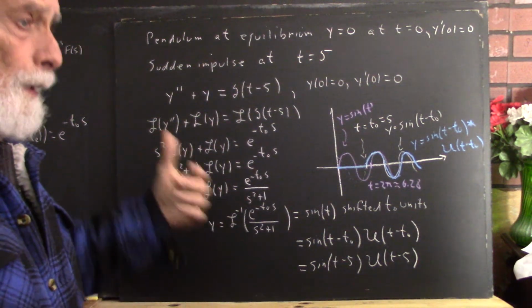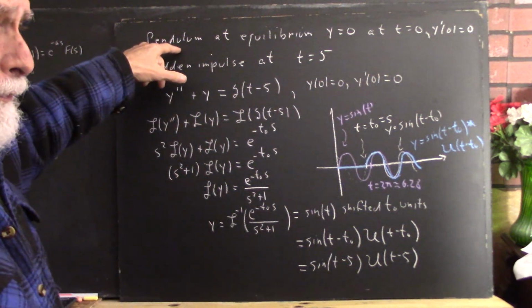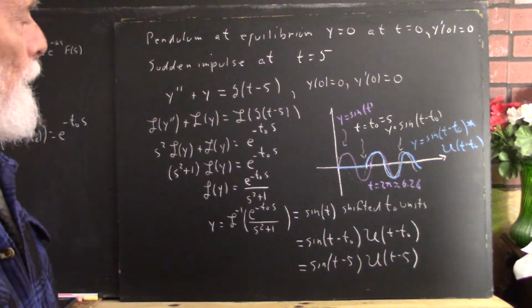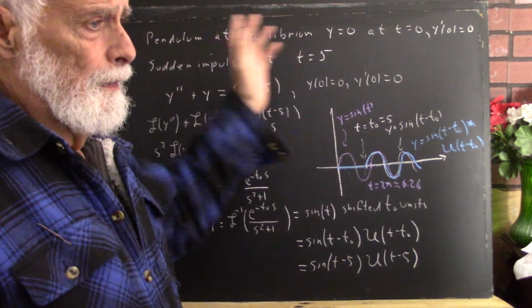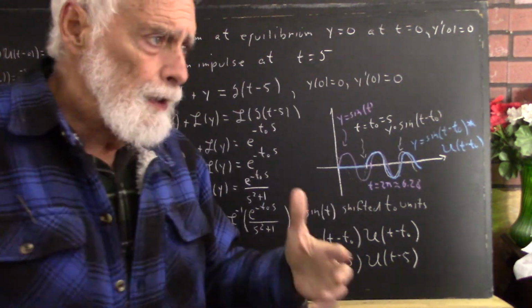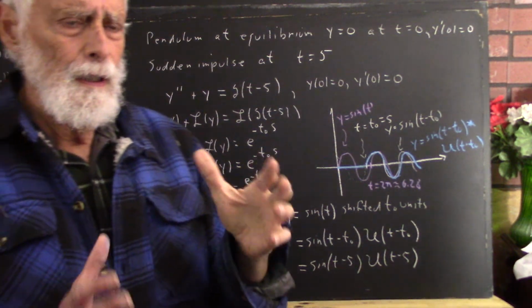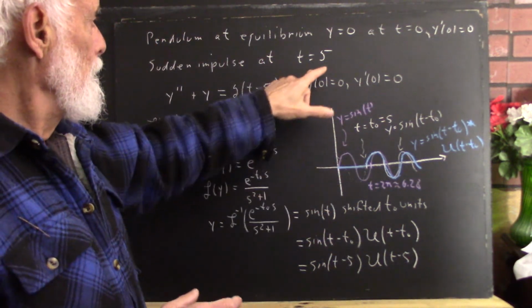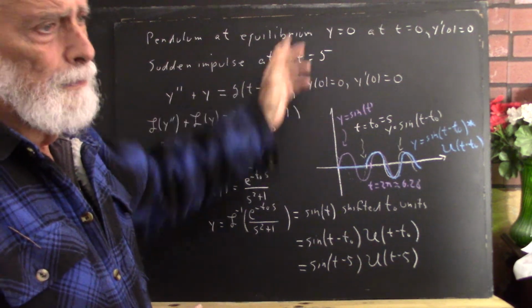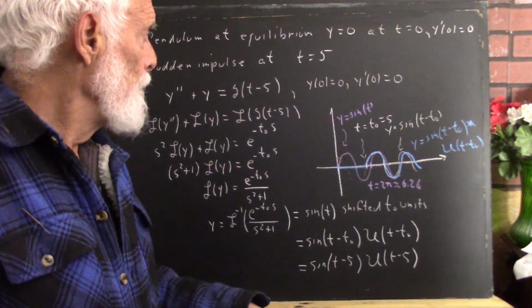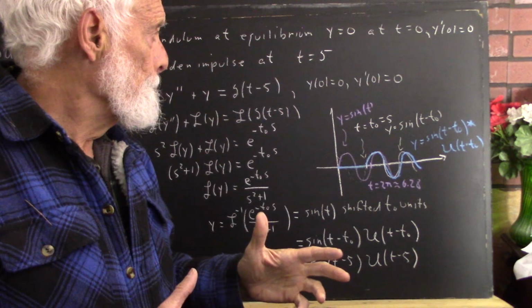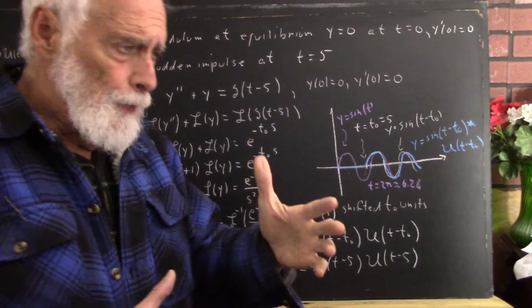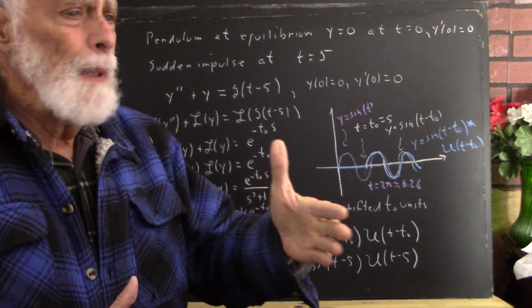Let's look at another example now of a pendulum where you slap the thing when it's at its extreme position. Now your text, I think, does that. I think the first example is actually much like this, except it's at t equals 2 pi, which is the end of the first period. I think the second example is at its maximum position.